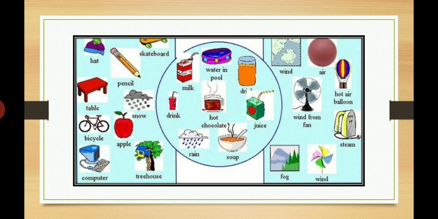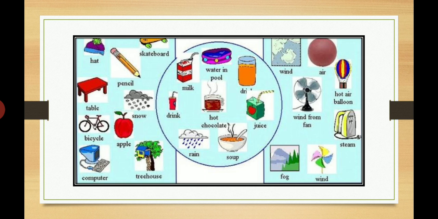On the other hand, the milk, the hot chocolate, the water in the glass, the hot air balloon, the fan, the wind, they all occupy space and have mass, right? So all these things can be considered as matter.